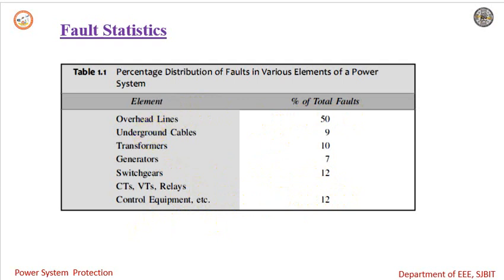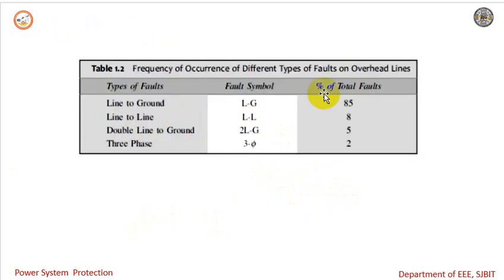Now we will see the frequency of occurrence of different faults on the overhead lines. We know that already 50% of the faults occur on the overhead lines. In overhead lines, there are different types of faults. Line to ground fault, we call it LG fault. The percentage of occurrence of this fault is 85%.